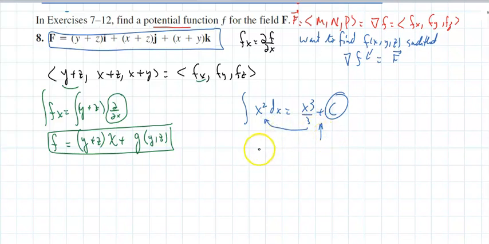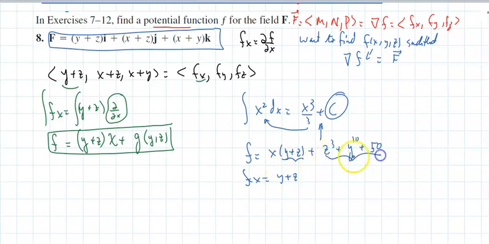Think about it: if I had f equaling x times y plus z, plus z cubed plus y to the 10th plus 50, and I take the partial with respect to x, wouldn't that be y plus z? And wouldn't all of these become a 0? So when I go back, I have to assume that there was a function of y and z in there.